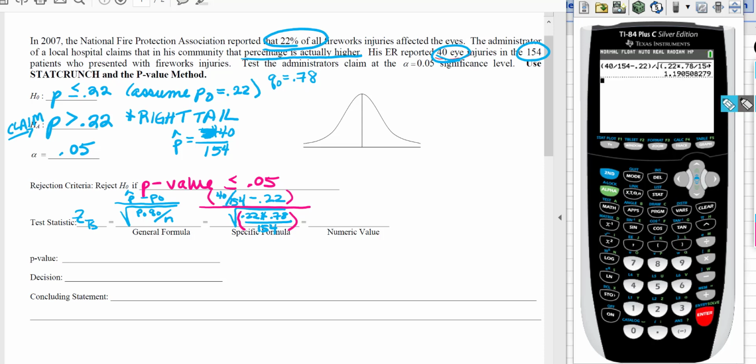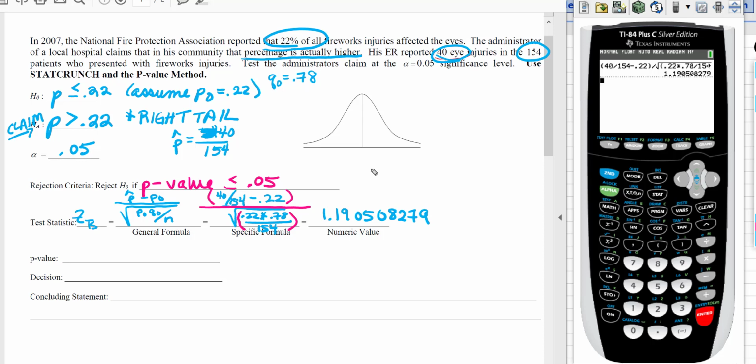Here it says our test statistic is going to be 1.1905. The parentheses are important when you're entering it on the calculator.